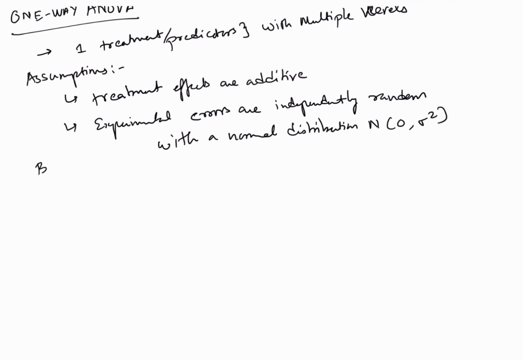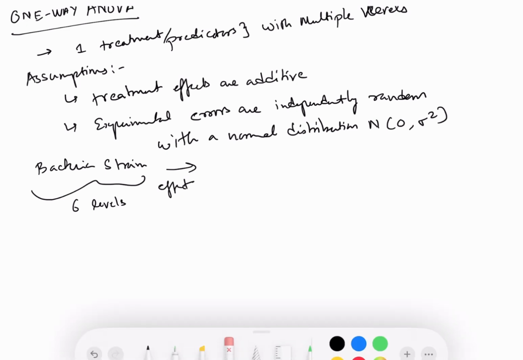So the bacteria strain, this is just an example, will have, let's say, 6 levels, and its effect is calculated on the nitrogen level in milligrams.